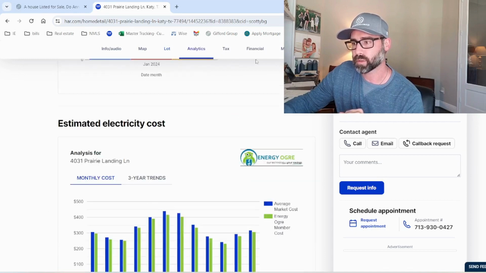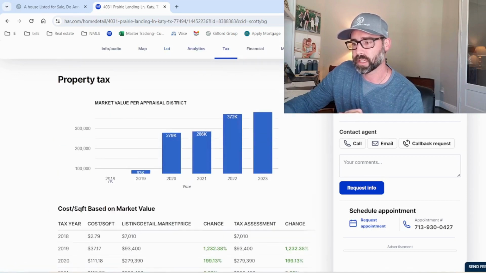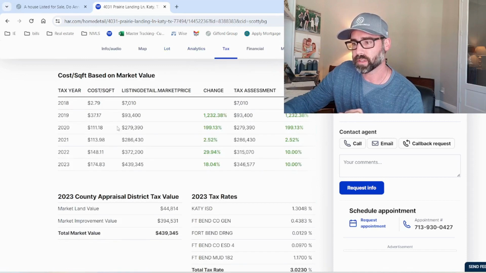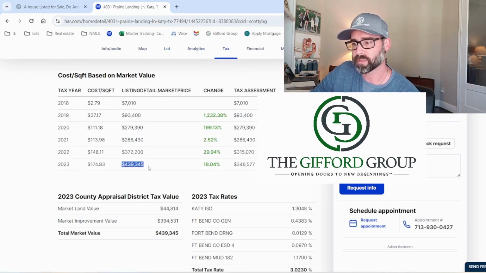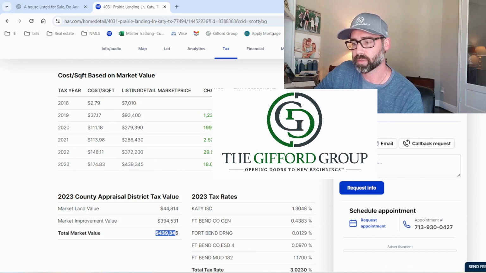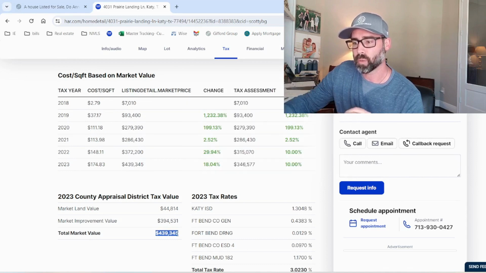If you scroll down to the tax section, you will see the past years and what the home was worth, and you'll see this value right here, 349. So what is this? This is the market value of the home according to the county.